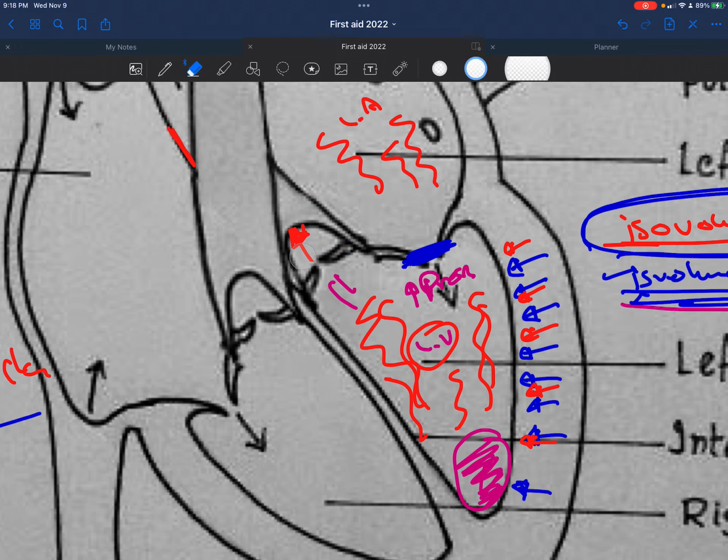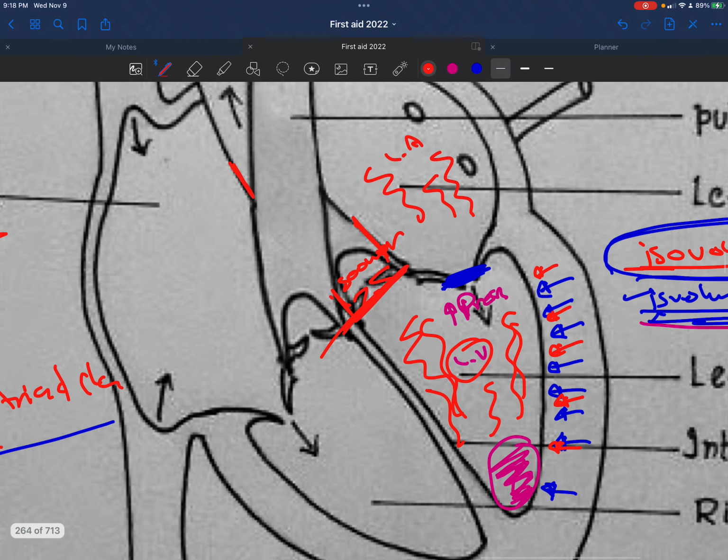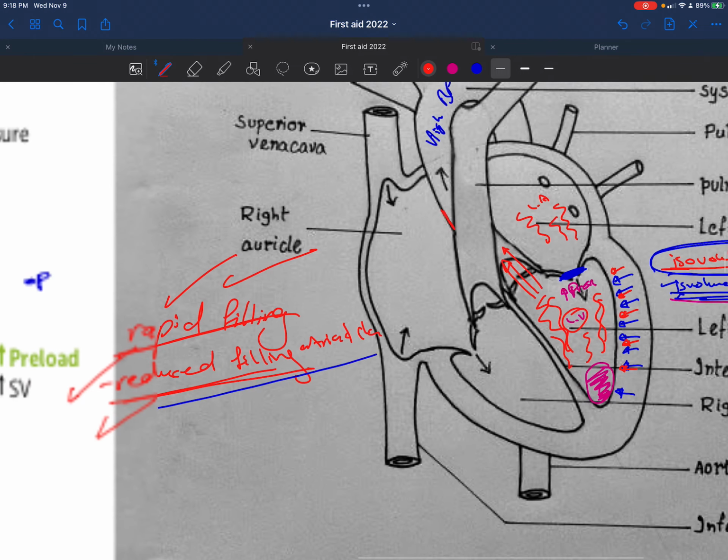So this time the aortic valve is going to close sooner than expected, because it's either stenosed or the aorta has a very high pressure. So the phase of ejecting the blood into the aorta is going to be shorter, because the outlet doors are going to be closed soon.